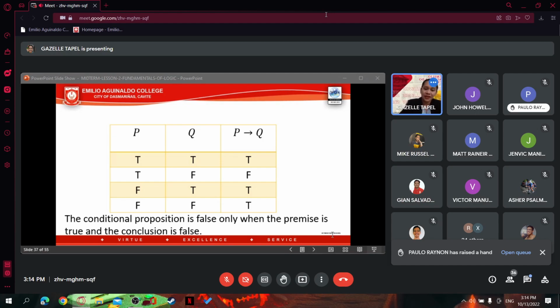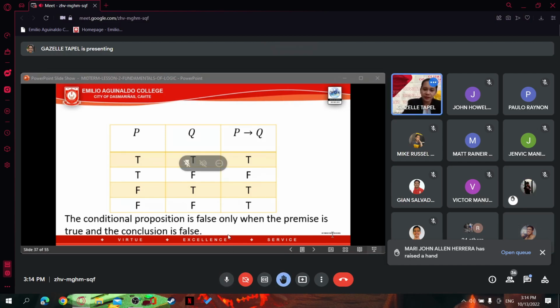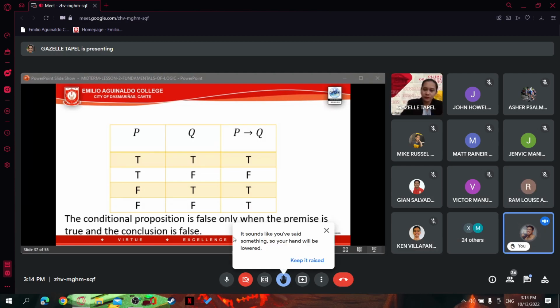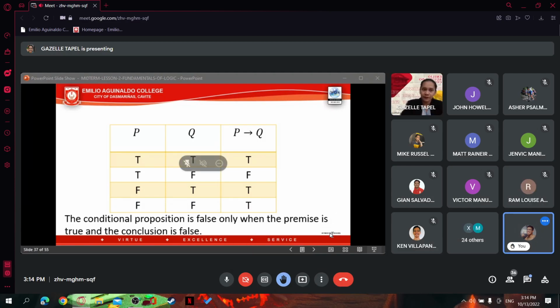Another. If a whale, yes, apo. If true ang statement, tapos true din ang conclusion, true yon. Pero kung ang hypothesis mo, Owen, ay true, pero ang conclusion mo ay false, ibig sabihin yung conditional statement mo ay false.